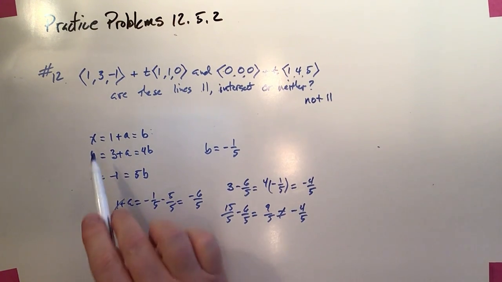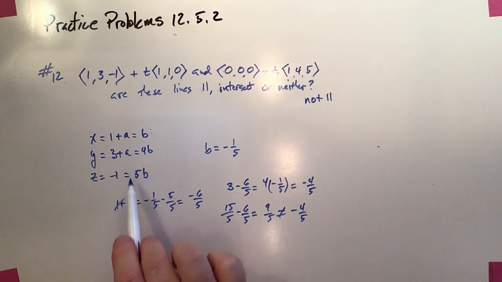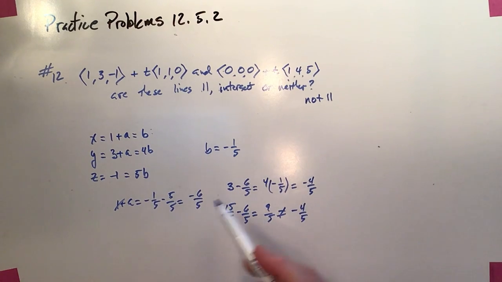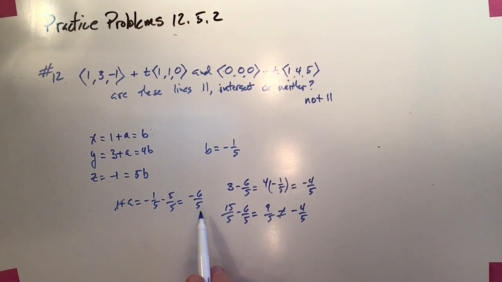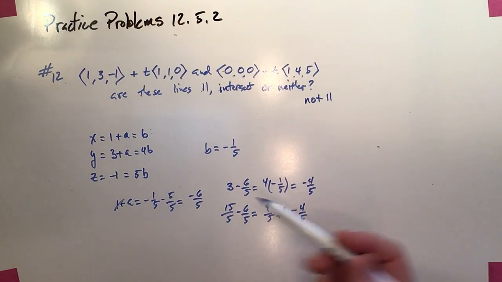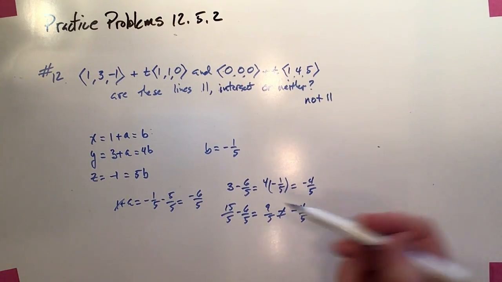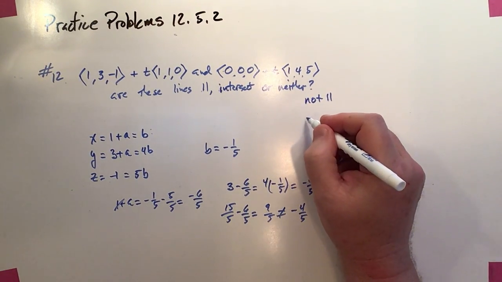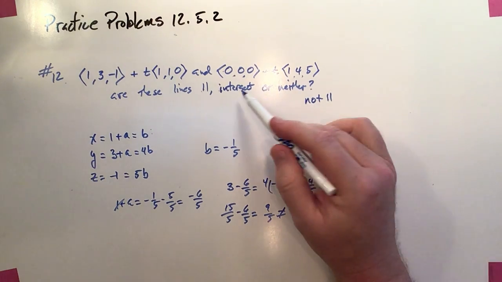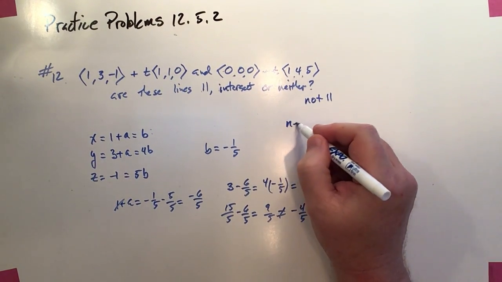So that means while x and z will be the same coordinate at the point generated by b equals -1/5 and a equals -6/5, the y coordinate won't match up. And that means there's no other point of intersection that's likely, and therefore these lines don't intersect. So the answer is they're not parallel, they don't intersect. These 2 lines are neither.